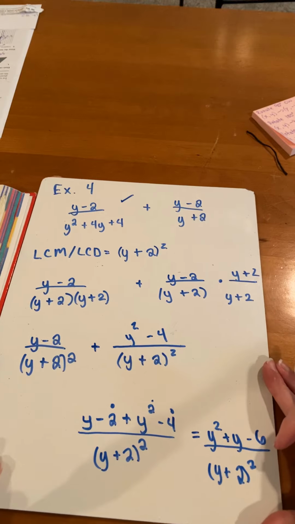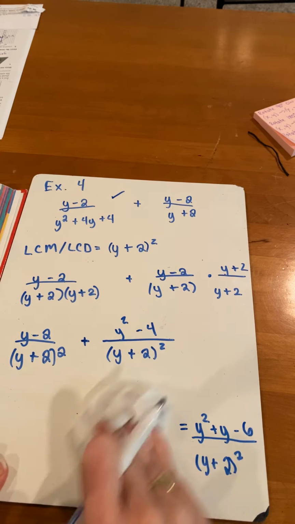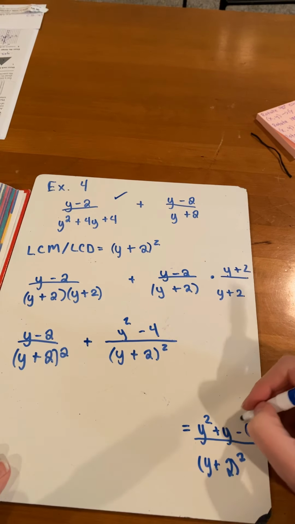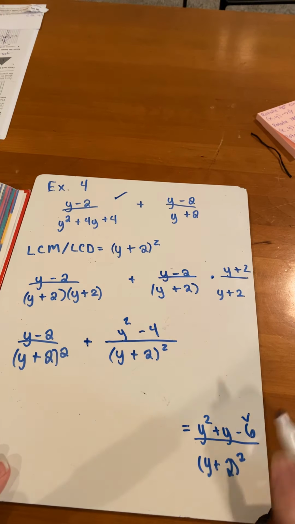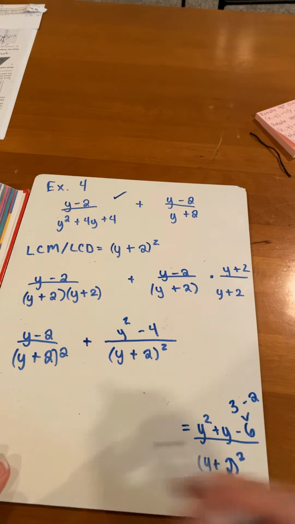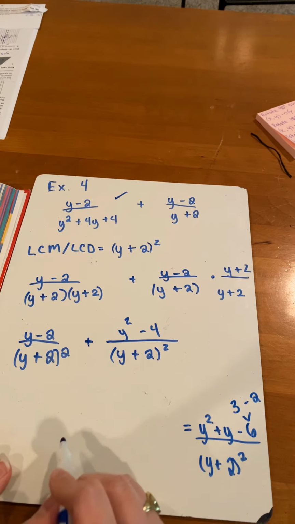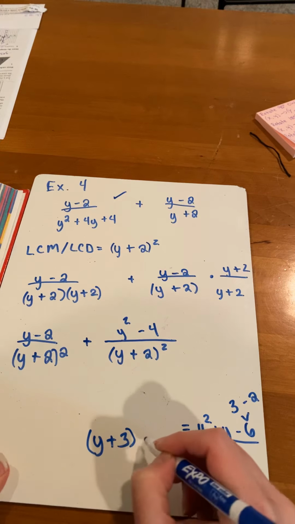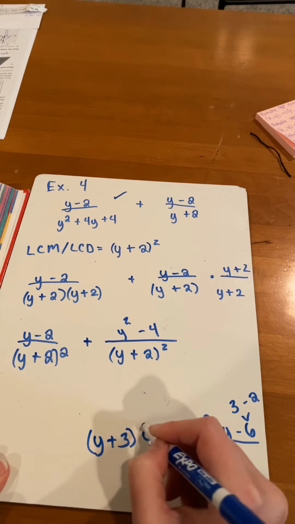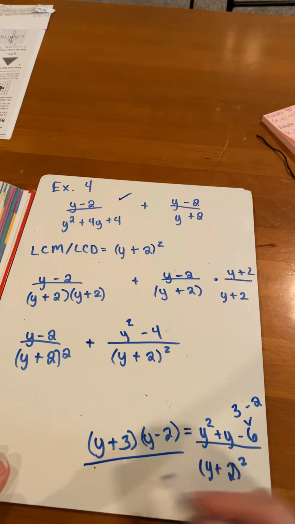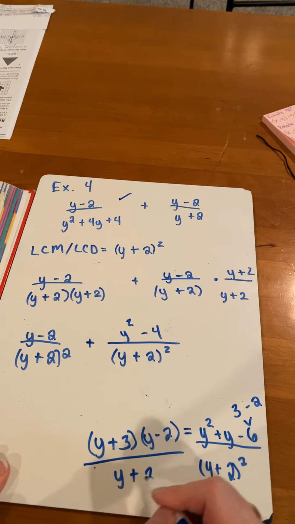But I'm not quite done yet. Now I want to factor my numerator to see if I can simplify it any further. What are my factors of negative 6 that sum to a positive 1? That's going to be 3 and negative 2. So after I factor this, I'm going to get y plus 3 times y minus 2, all over y plus 2 squared.